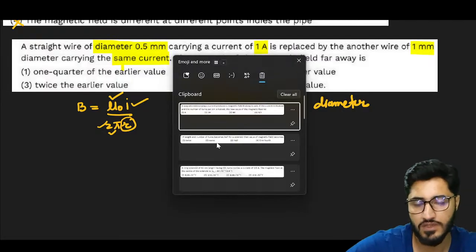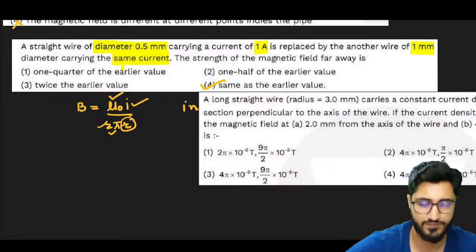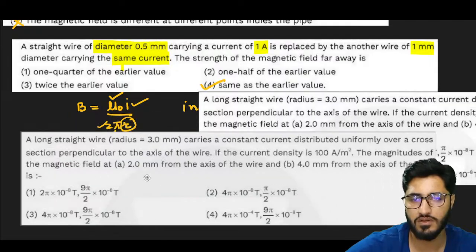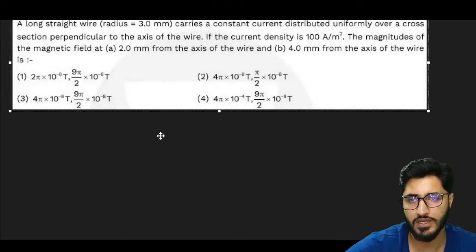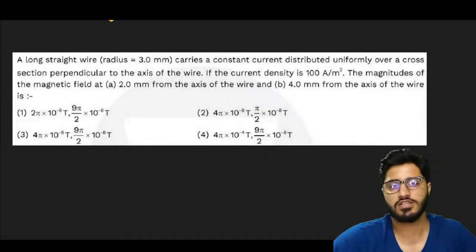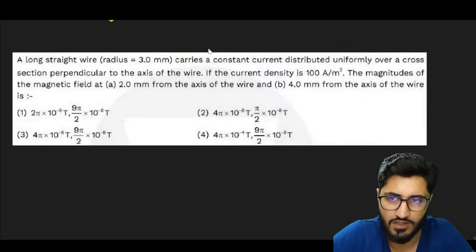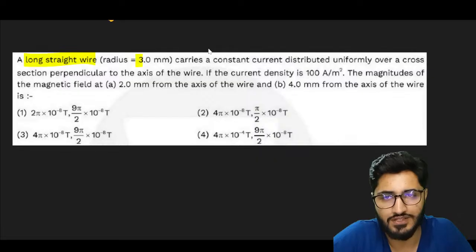Okay. We have one more numerical. This numerical is about a long straight wire. Radius is 3 mm.